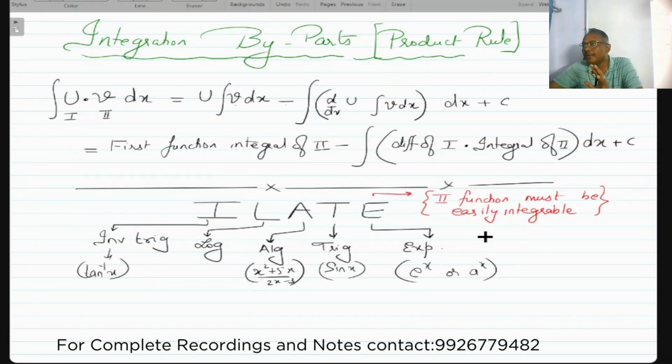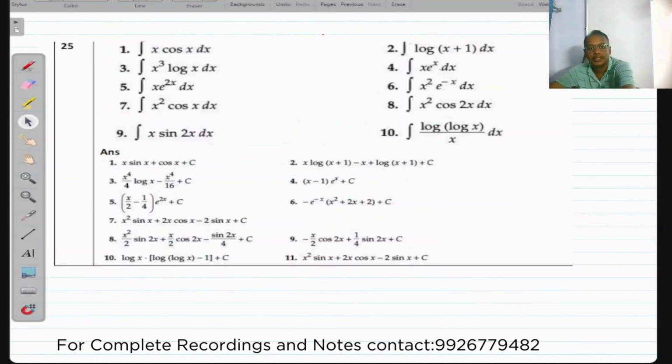That is the main motive behind making this ILATE rule. Chalo, write down. This is 47th page. Let's be on the same page बोलते ना तो यहीं से निकला.